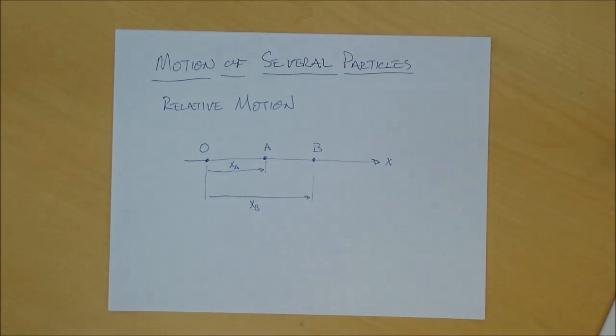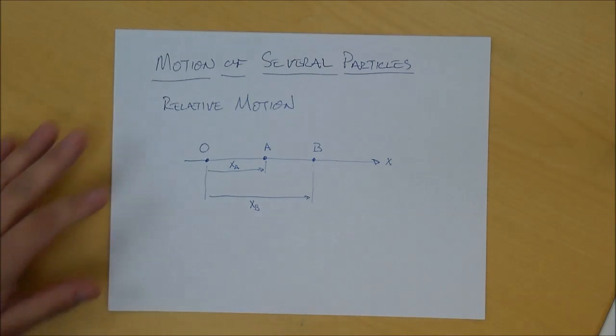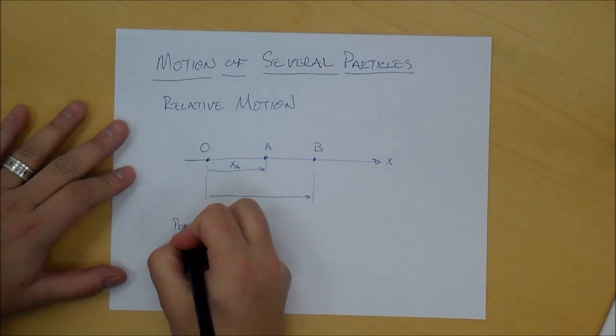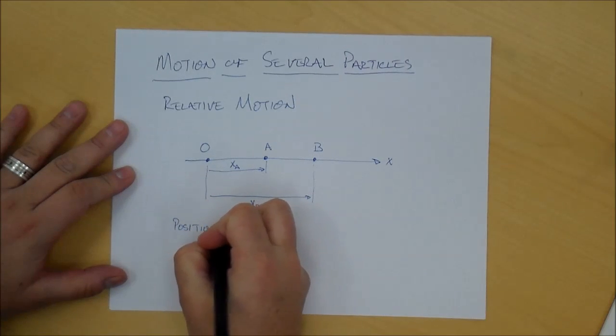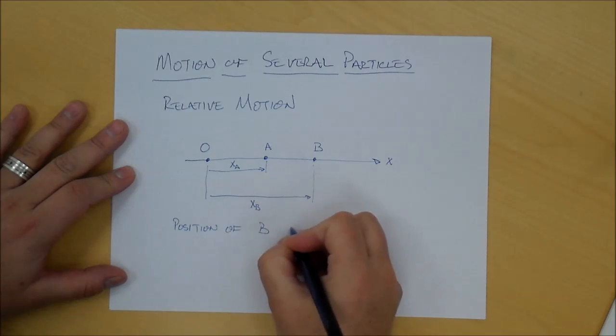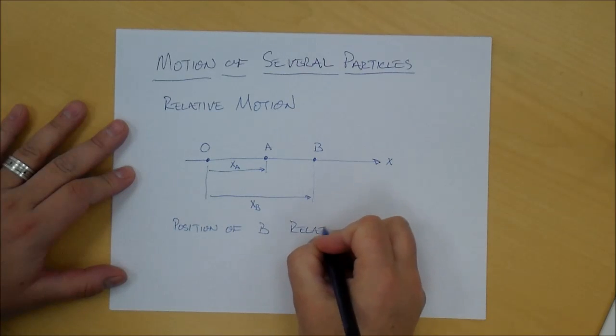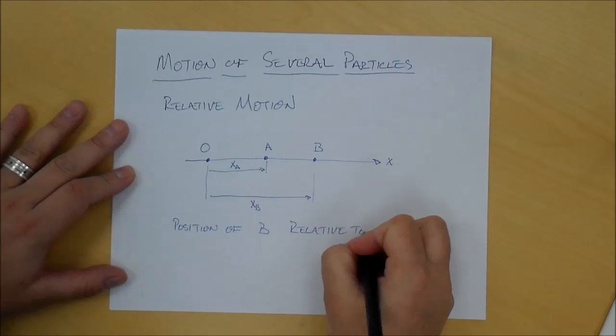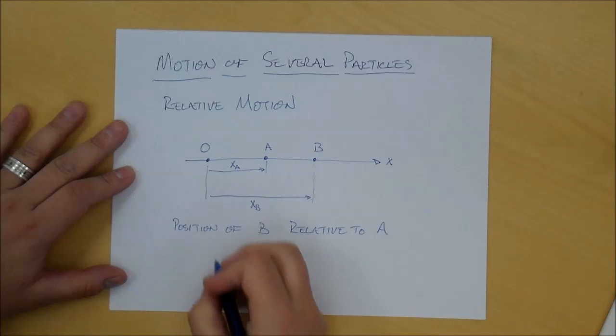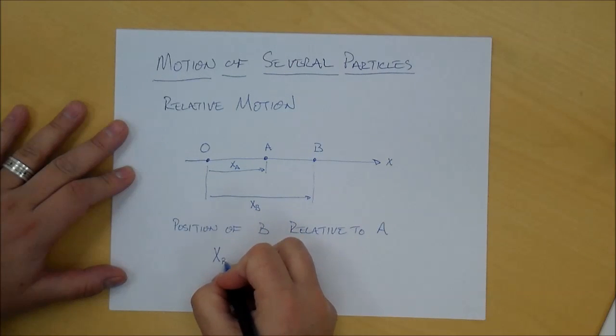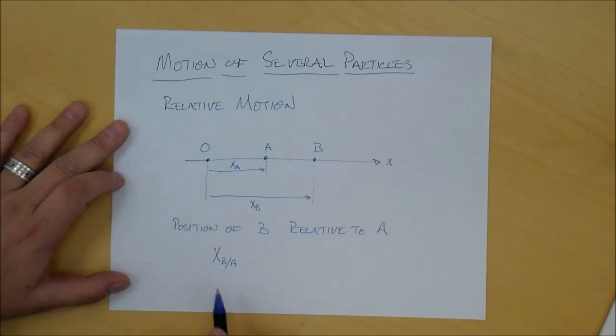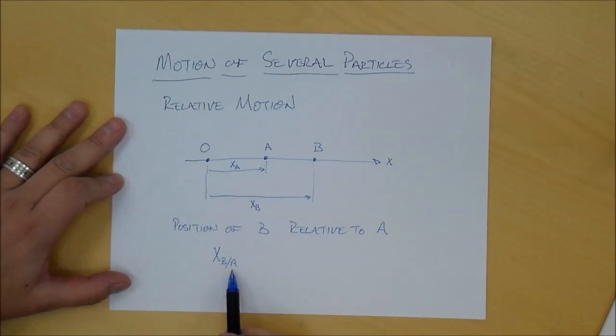So now if these two positions, as we have here, are measured from the same position, we can say that the position of B relative to A is written as follows. That is x, and we will use B slash A. So you read this as the position of B relative to A in the x-coordinate system.